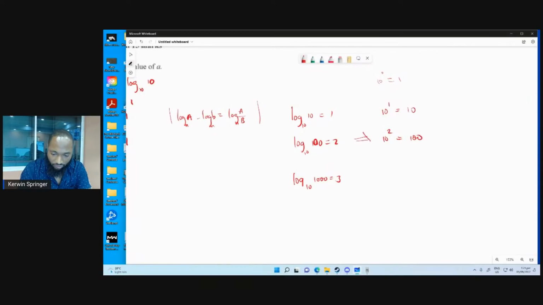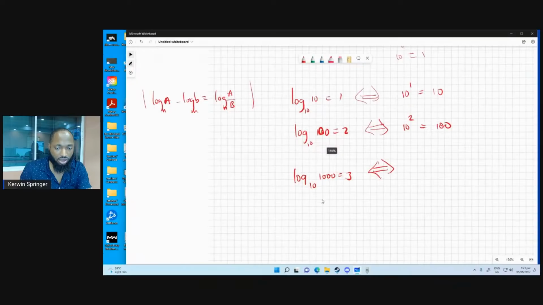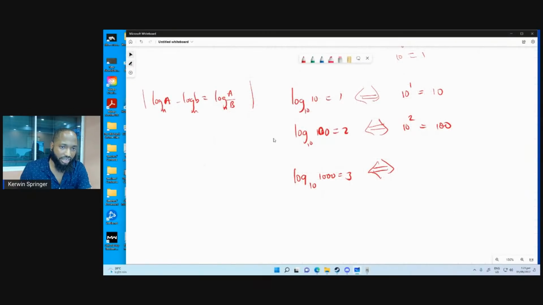So this is like going between exponential form and logarithmic form. Logs basically tell you how many times I need to multiply the base by itself to get this number.